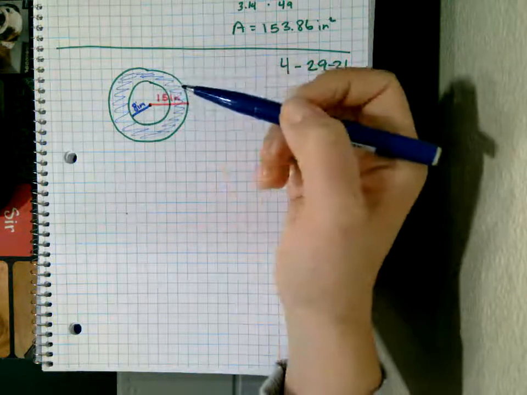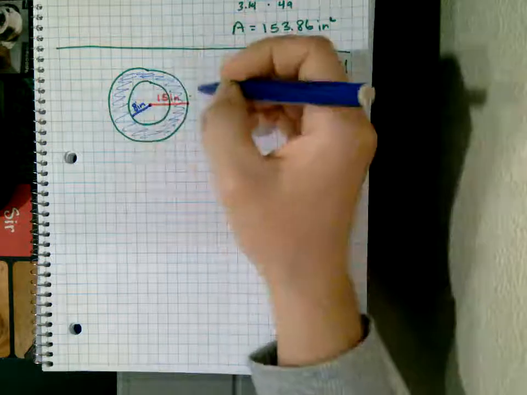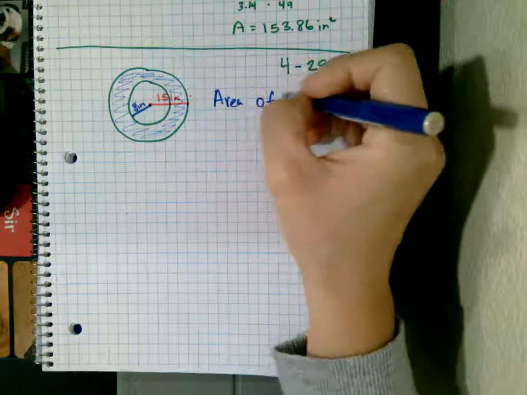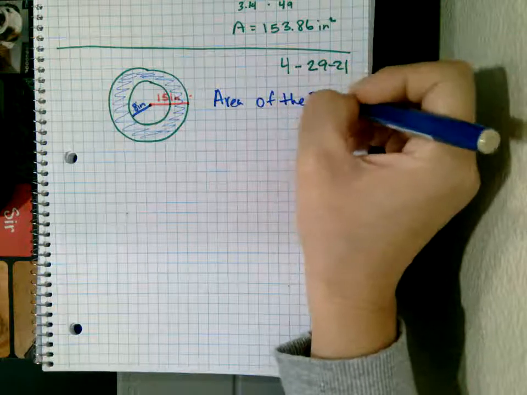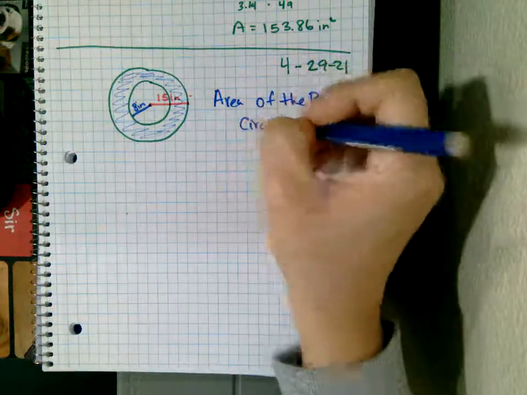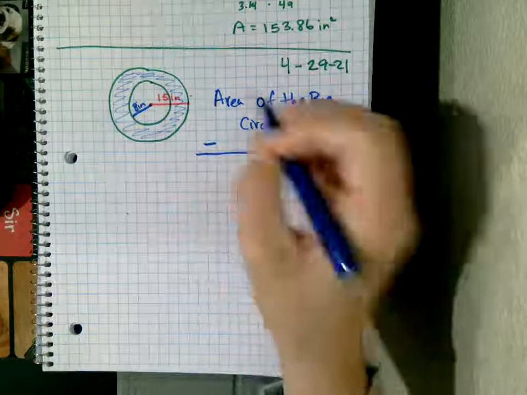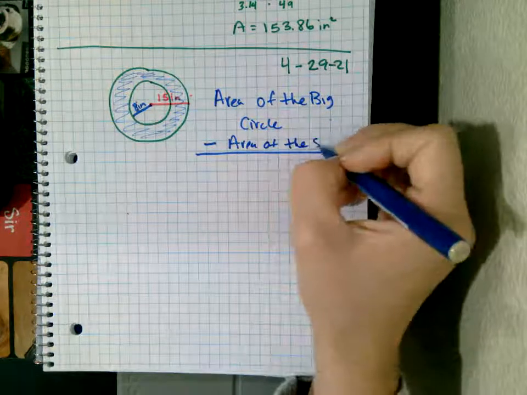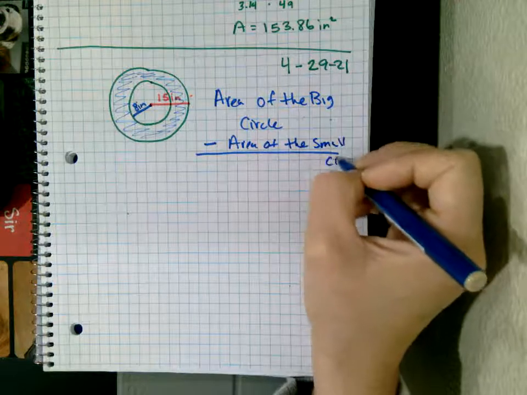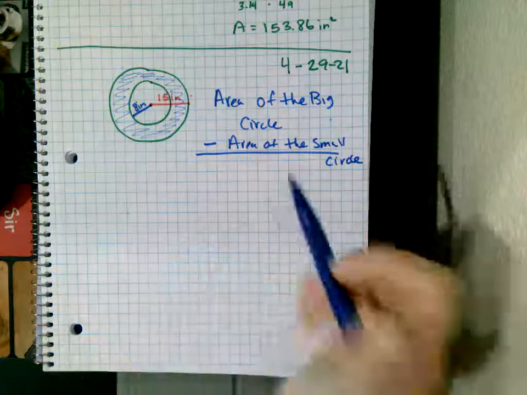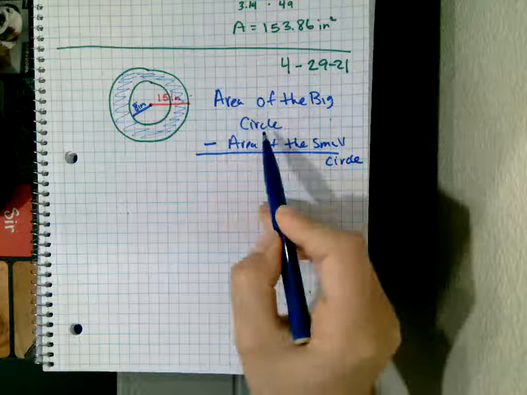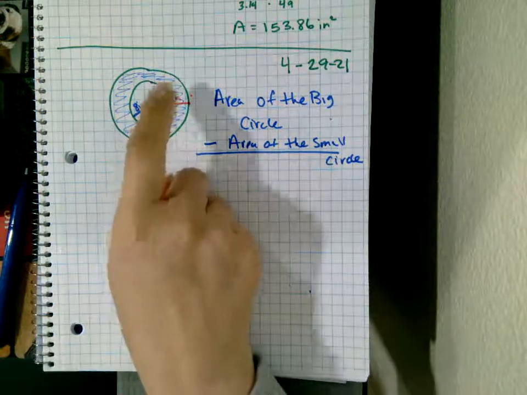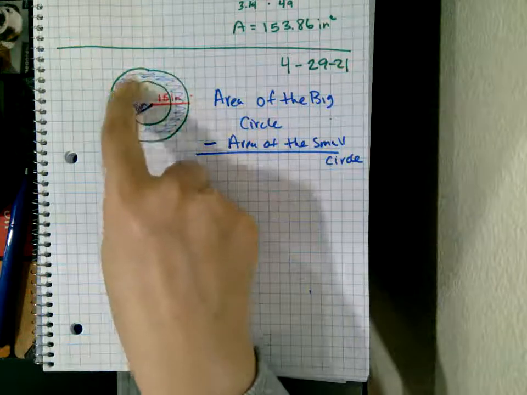You need to find the area of the big circle and subtract the area of the small circle. That will leave me the blue area.